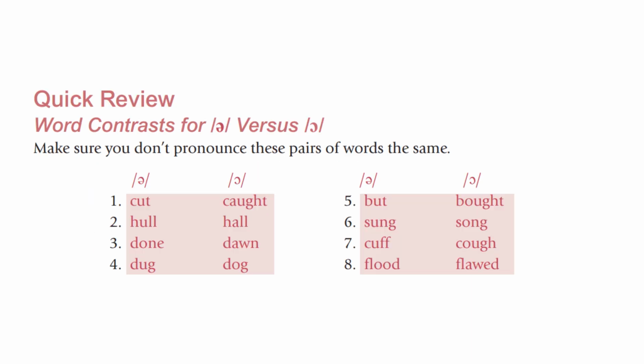Quick review. Vowel contrasts for /ʌ/ and /ɔ/. Make sure that you don't pronounce these pairs of words the same. Cut, caught. Hull, haul. Done, dawn.